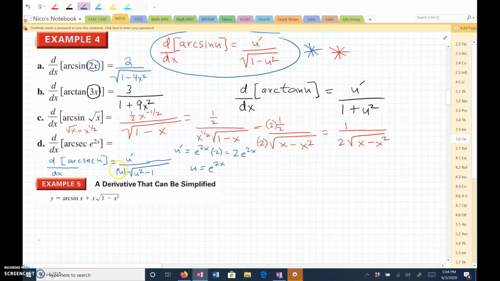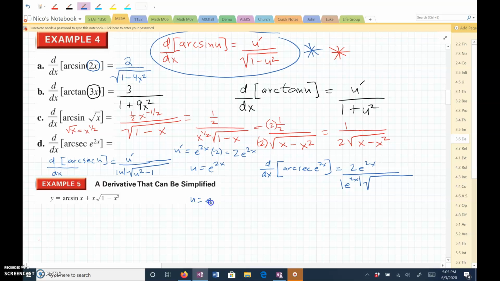Now let's just plug this into the rule. Let's write this as the derivative with respect to x of arc secant of e to the 2x would be equal to u prime, which is 2e to the 2x, all over the absolute value of u, which is e to the 2x, times the square root of u squared.